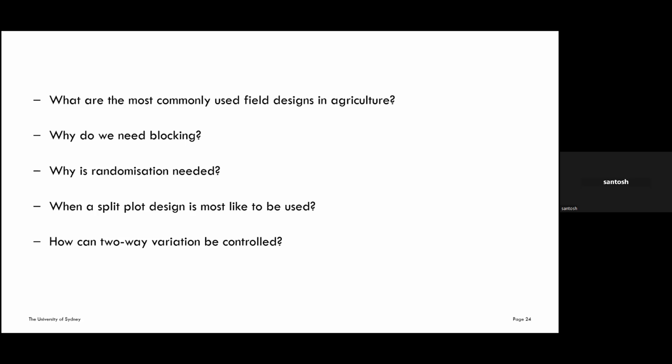So you use split plot design in that case. And how do you minimize the two-way variation? I think I have explained that as well in the Latin square design, because you have the row blocking and the column blocking, so you can minimize two-way variation in that.